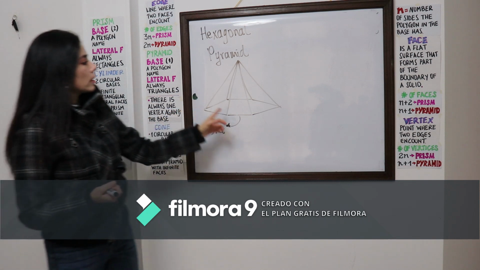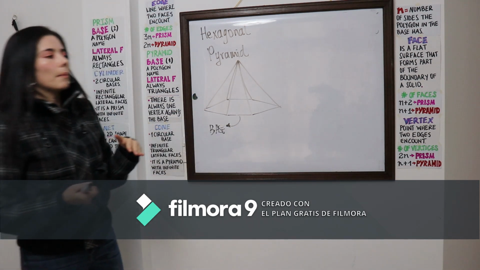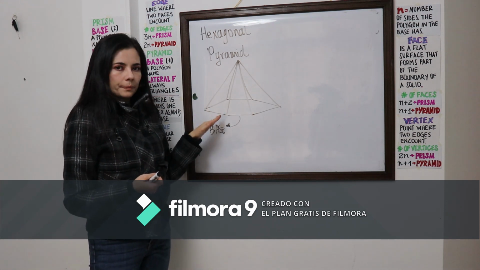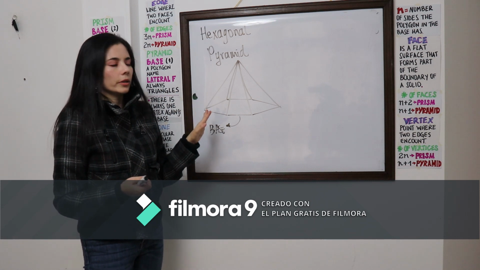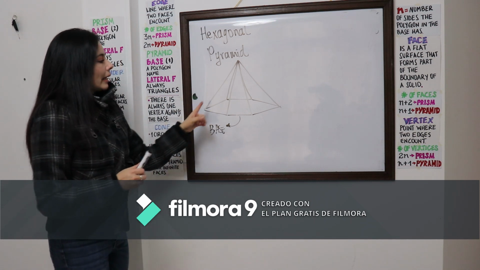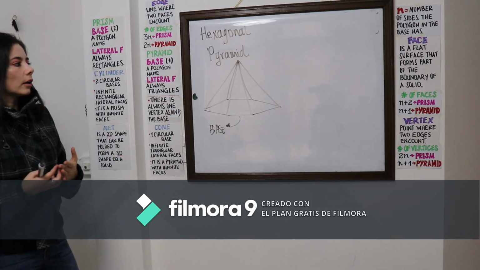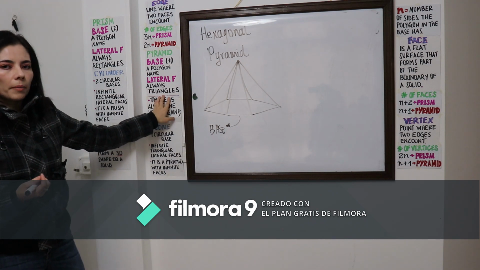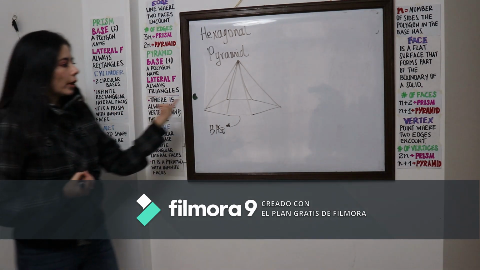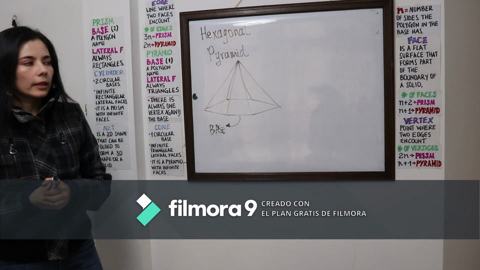And so there's always going to be one vertex that goes above the base. And it's parallel to the base. That means they're never going to intersect. In this case, the lateral faces here are going to be triangles. So we're always thinking about having triangles in a pyramid. How many triangles? Well, as many sides as the base has, of course, right?